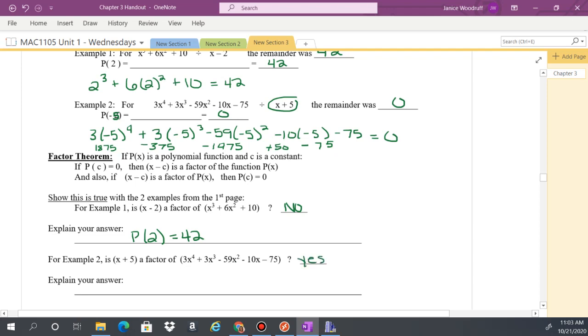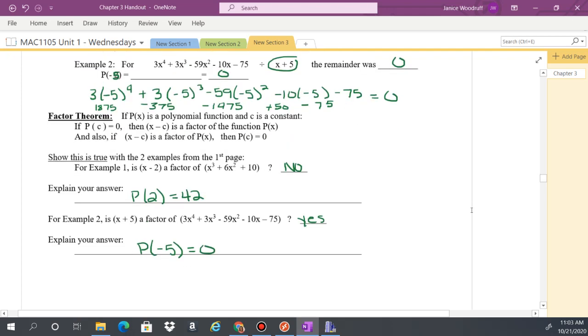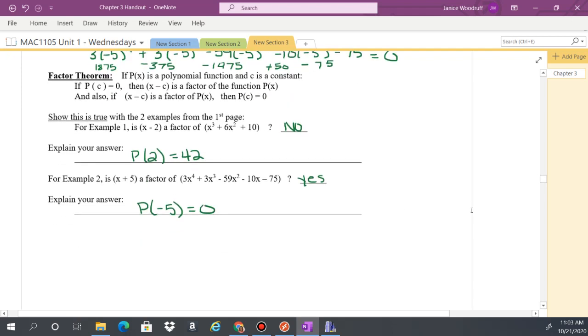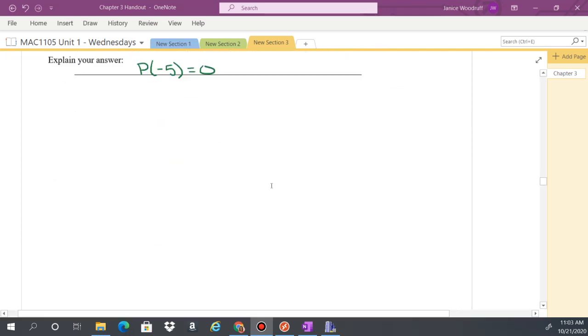Yes. And the reason why is because p of negative 5 is 0. So it's a factor if p of c equals 0. And that's what the factor theorem is telling us, and the remainder theorem.